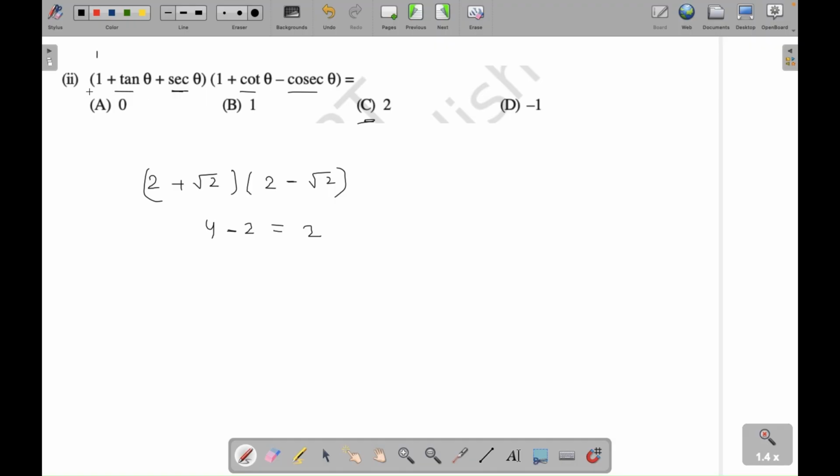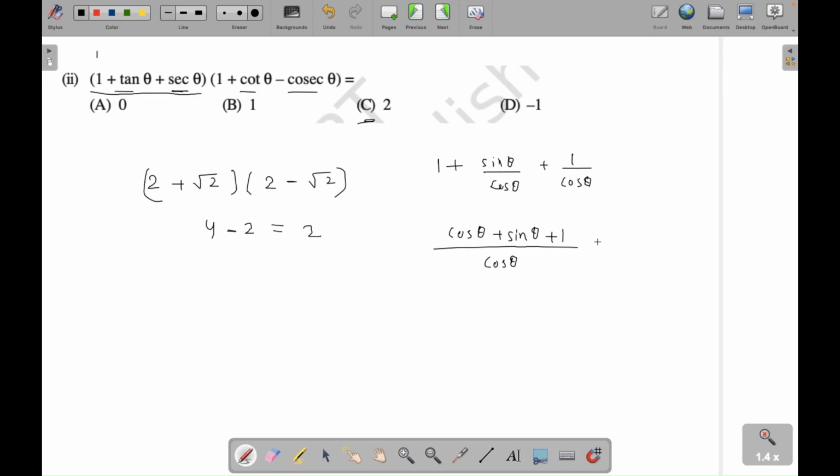So if you decompose this, you'll get 1 plus sine theta upon cos theta plus 1 upon cos theta. Any question till now? Cos theta will be the LCM. So we'll write cos theta, and then cos theta plus sine theta plus 1. So this is what we got by simplifying the left hand side.